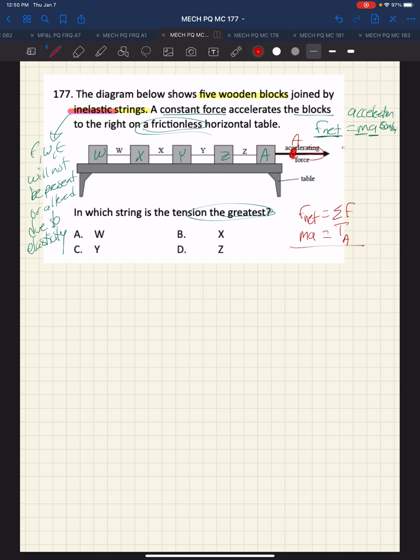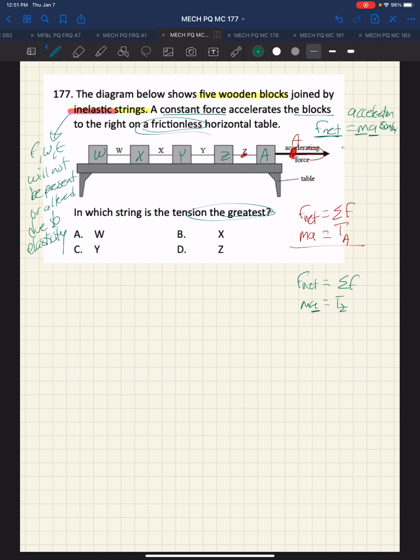Now we'll move on to location Z. We again have F net is the sum of the forces, and we have ma is going to equal TZ. We know the acceleration is the same.